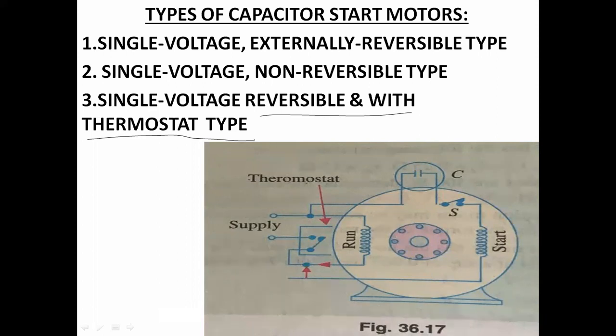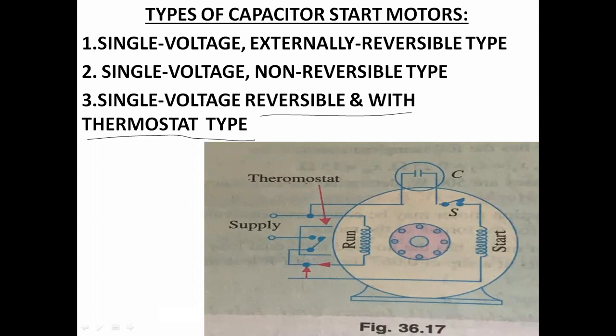So our single phase motor is made into a dual phase motor by adding a capacitor and a starting winding, and for this circuit I am extra adding a thermostat. Across all the motors, we can see many motors are fitted with this device. What is it called? Thermostat.